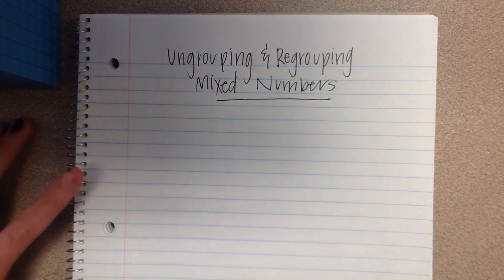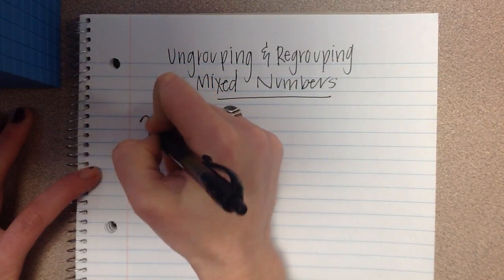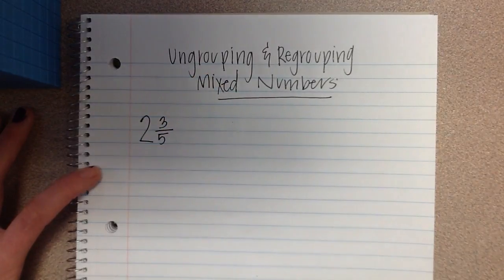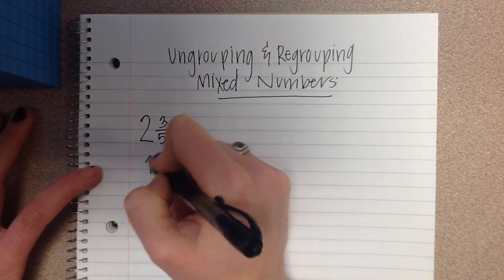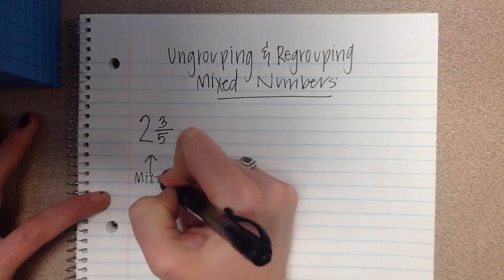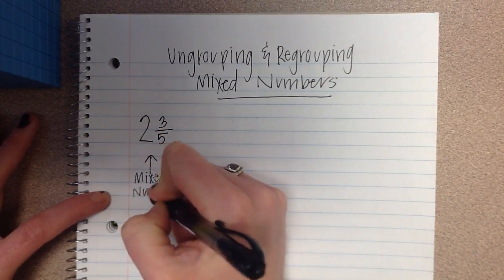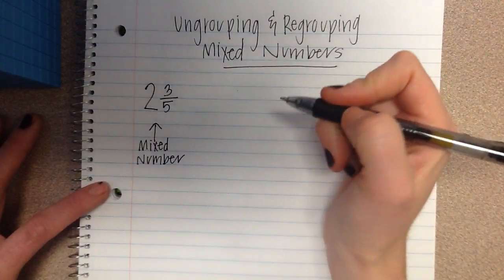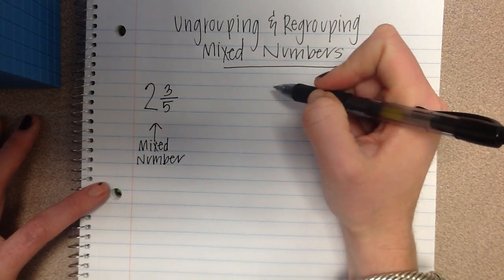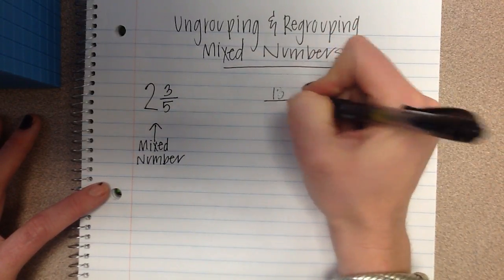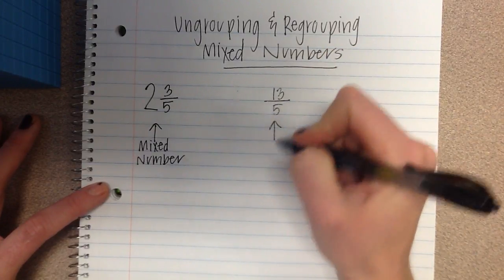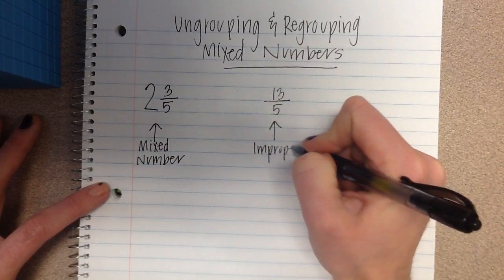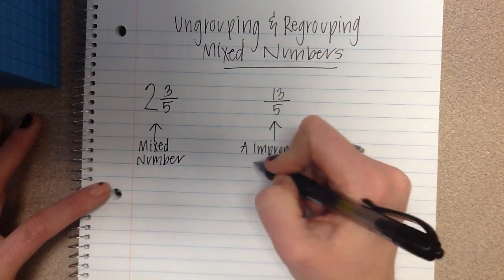So, a mixed number, I will show you, is like 2 and 3/5. This is considered a mixed number, and this is an improper fraction.